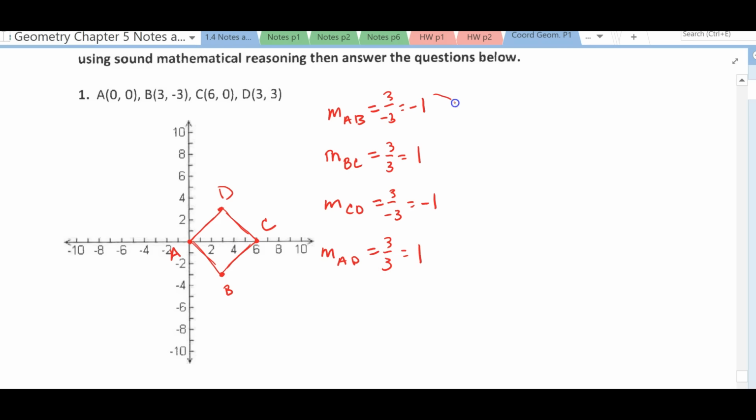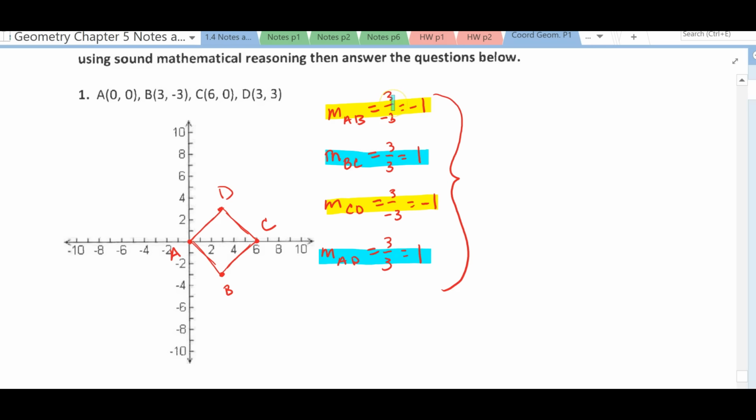Now, we can see here that the opposite sides, AB and CD, have equal slopes, and BC and AD, the other pair of opposite sides, also have equal slopes.